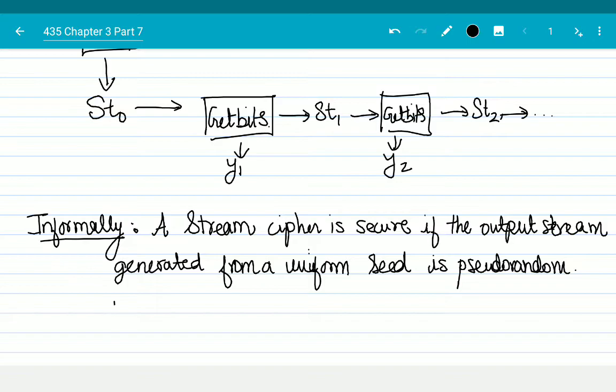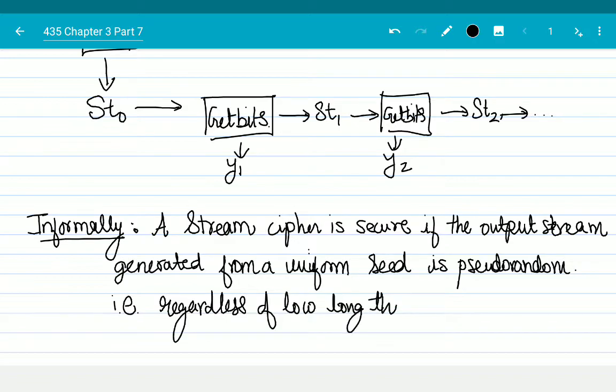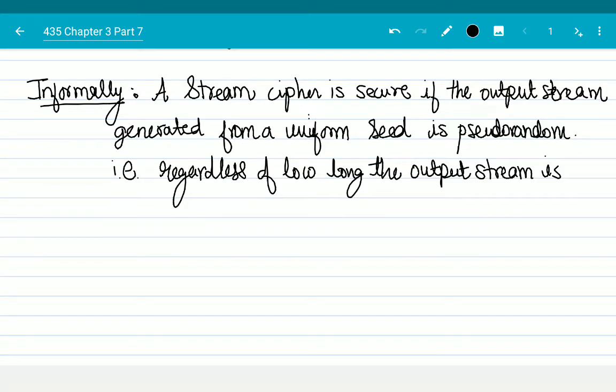Okay, what does that mean? I.e., regardless of how long the output stream is, you should not be able to distinguish whether it's pseudo-random, as long as it's polynomial, because if it's more than polynomial length, of course, any efficient distinguisher will not be able to distinguish it.